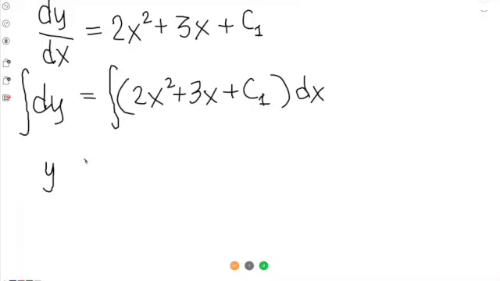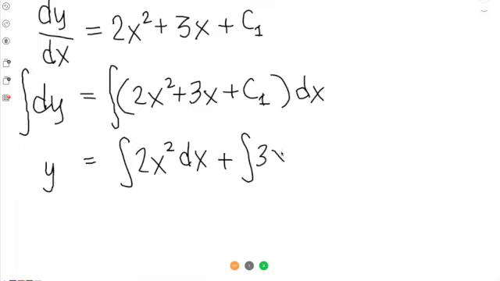That would be equal to the integral 2x squared dx plus 3x dx plus the integral of c sub 1 dx.